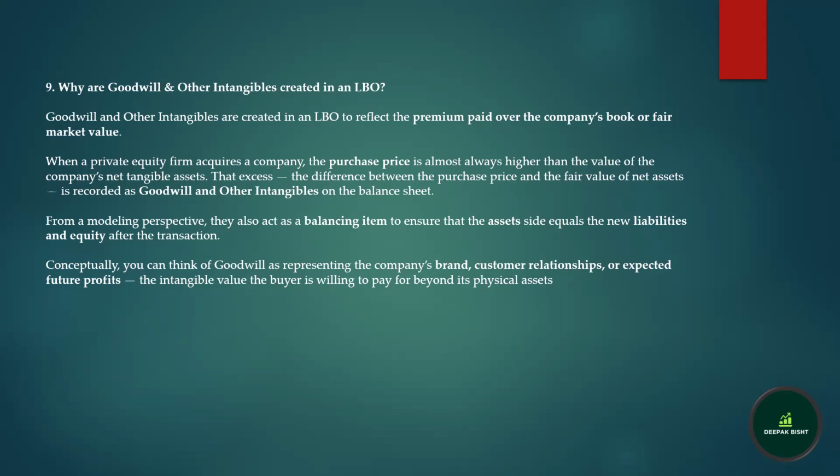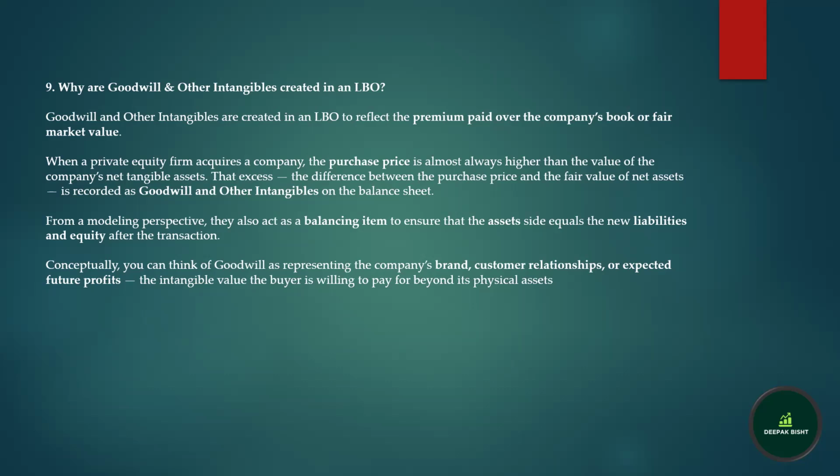Whatever part of the purchase price cannot be attributed to identifiable assets becomes goodwill. Goodwill represents the value of the company's reputation, future expected cash flows not tied to specific assets, management team strength, and going concern value. It is not amortized; it stays on the balance sheet unless impaired.